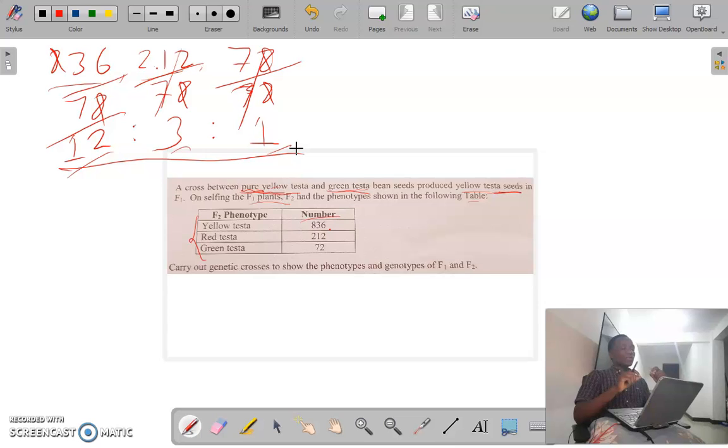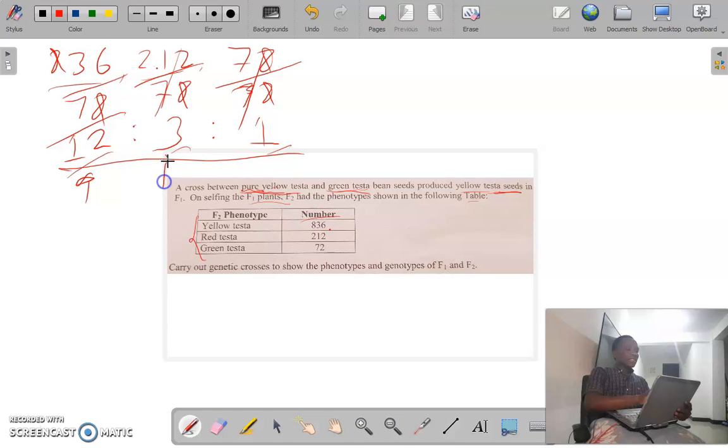If it is a simple dominant epistasis, it was a cross between heterozygous individuals in those characteristics that show simple dominant epistasis. So from there we have to work out symbols. In a simple dominant epistasis, the one that takes the proportion of 12 is epistatic to the other, and it will be a dominant allele.